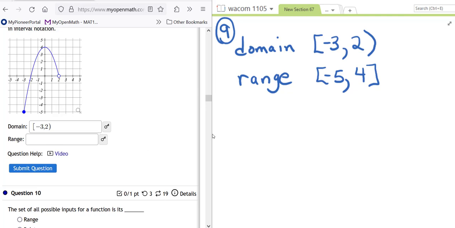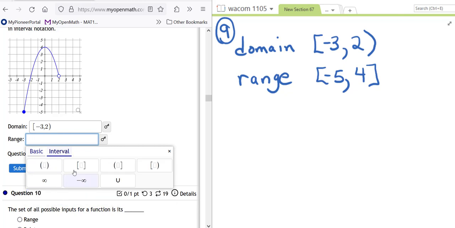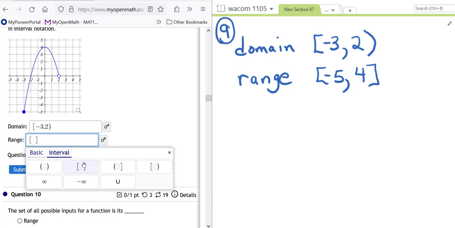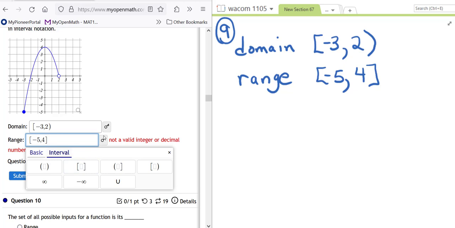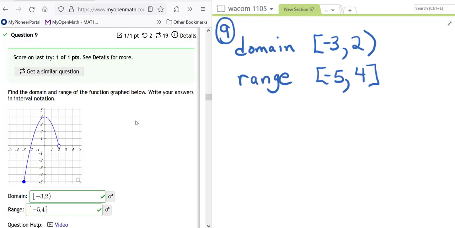Right, my range, I want brackets to brackets. So I need interval to be able to do that. Brackets to brackets is the second choice. -5, comma, 4. And we'll submit.